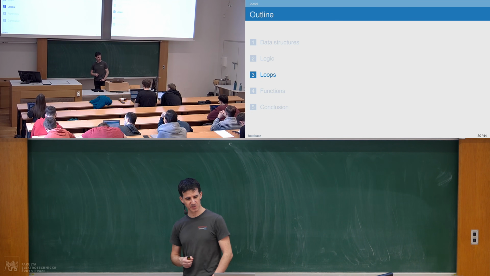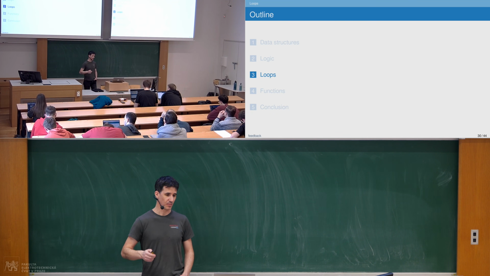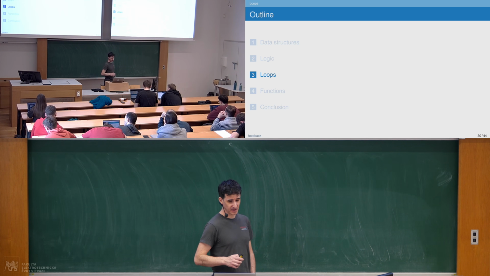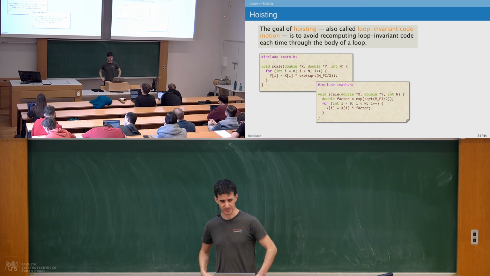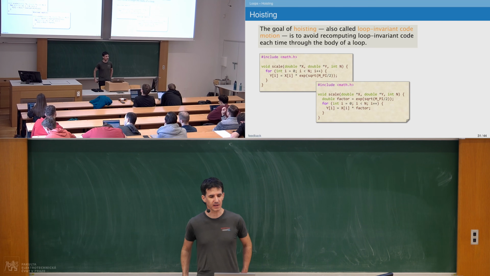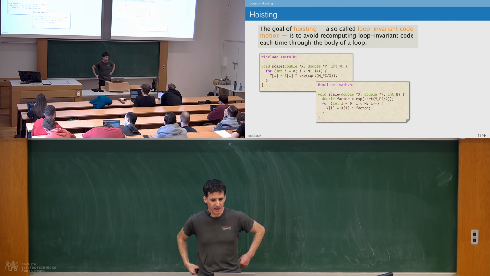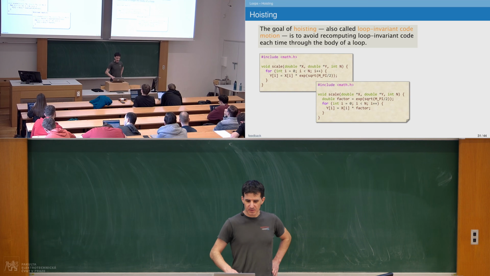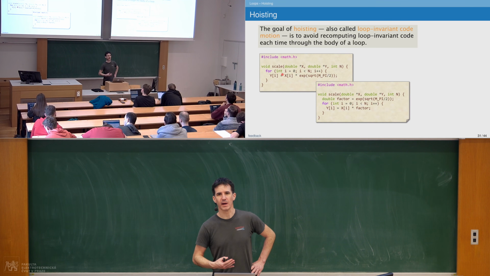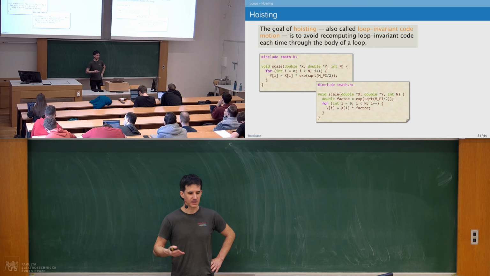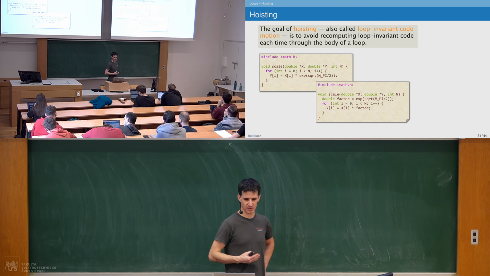Another class of optimizations are loops. Many of those are really well implemented by the compiler, so I will just go through it very quickly. So loop hoisting. The goal here is, everything which is inside the loop body is executed many times in a row.